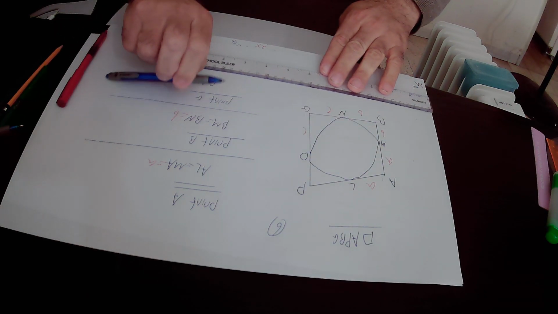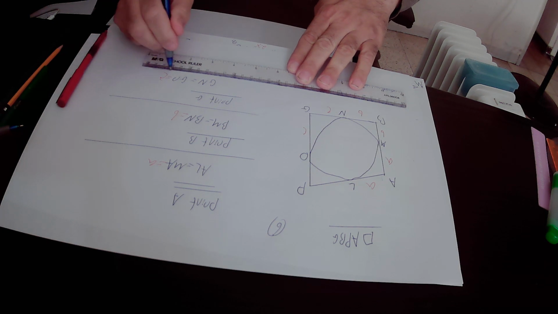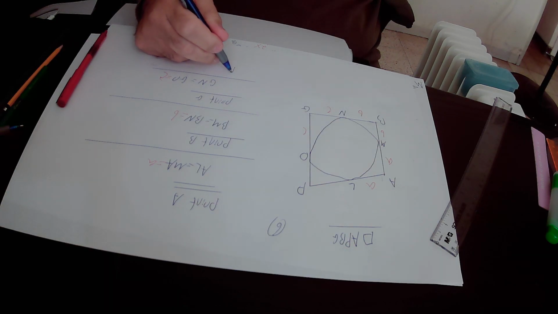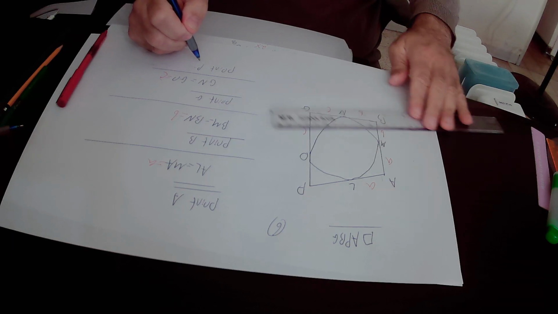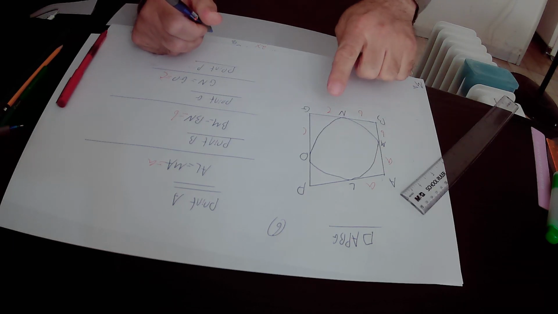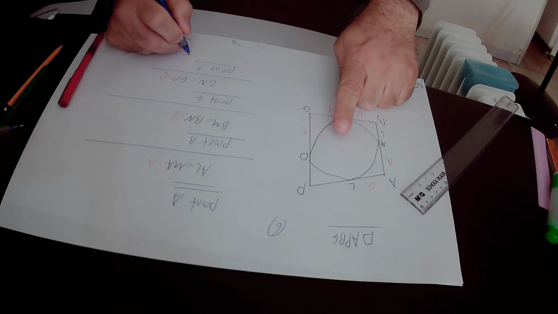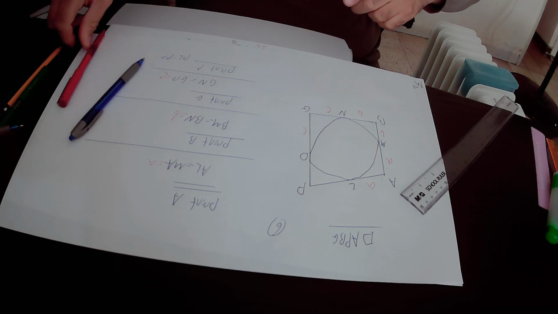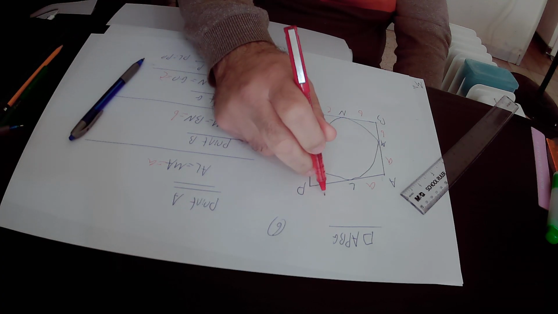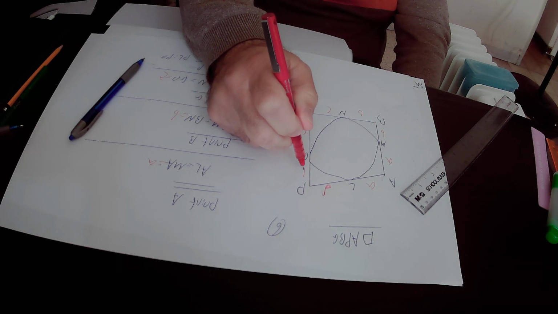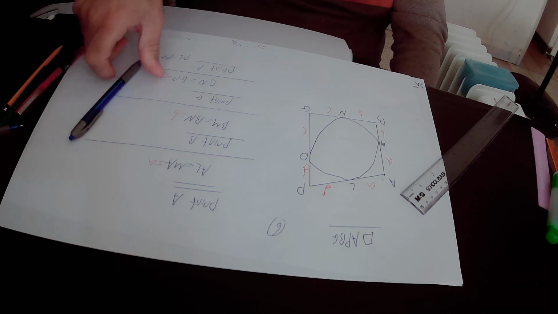And finally, we relate to the common external point P. From the common external point P, we have two tangents to this circle, tangent PL and tangent PO, and according to rule number 2, PL equals PO. So if PL is D, then PO must also equal D. Okay.